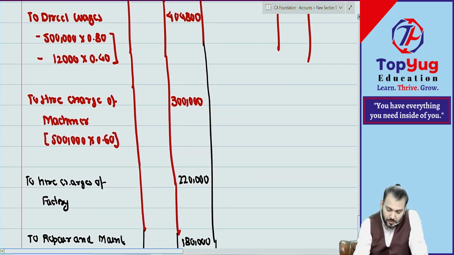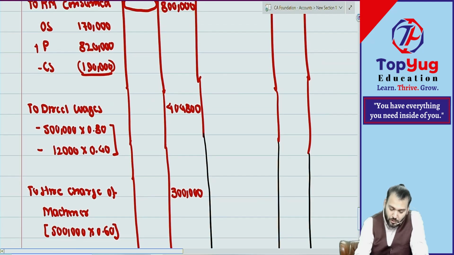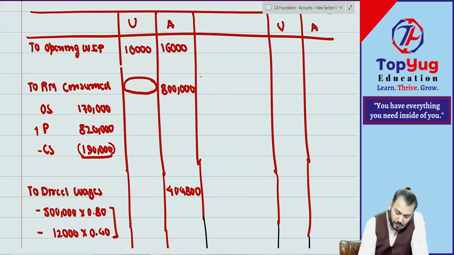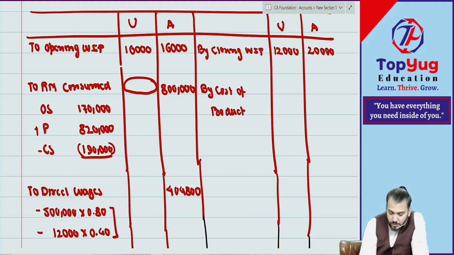Then anything given for credit side, whether byproduct given or not, whether closing stock of WIP given. Closing WIP, 12,000 units, 20,000. But what balance will come? Cost of production. How many units produced? 5 lakh produced is given.